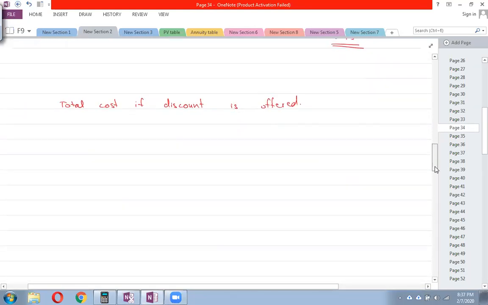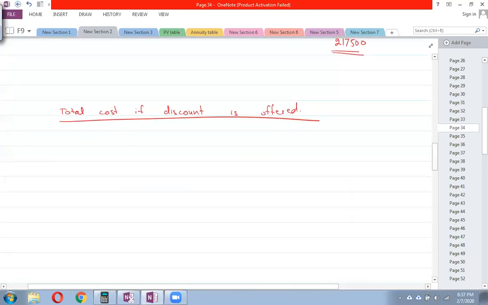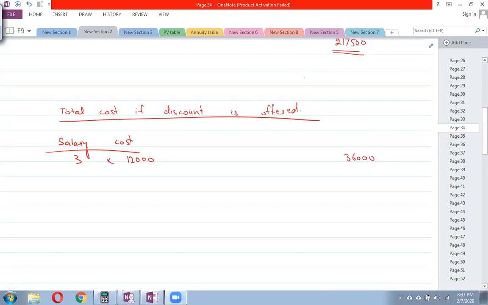What will be the cost if we offer the discount? First of all, the salary cost. Let's do the easy things first. Now we'll have 3 people working for us instead of 4. So our cost will be 36,000. One person will take early retirement, right? What about bad debt cost?